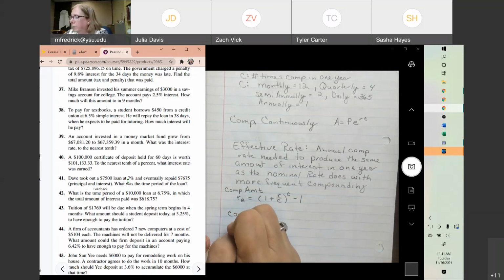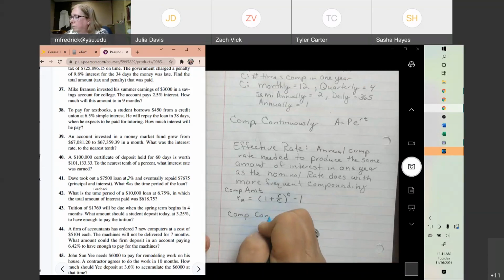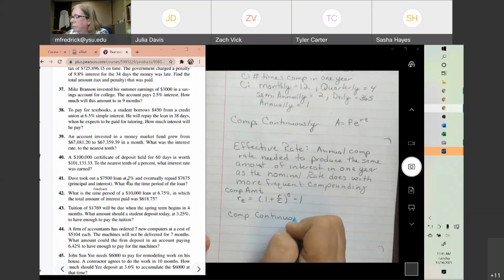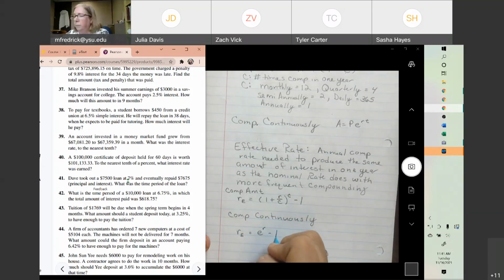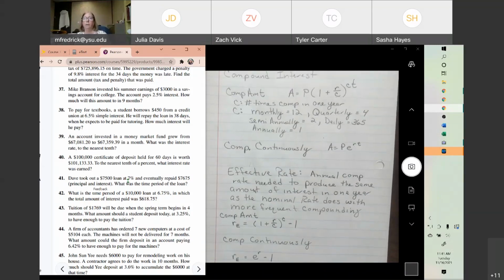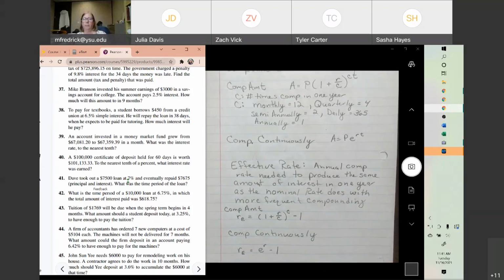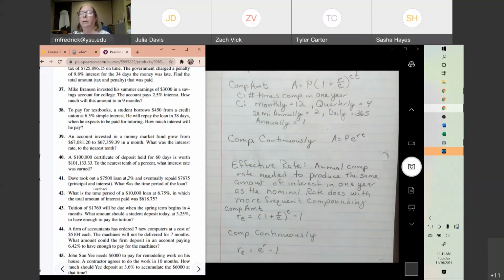And if it's compounded continuously, it's E to the R minus 1. And so those are all the formulas from 5.2.